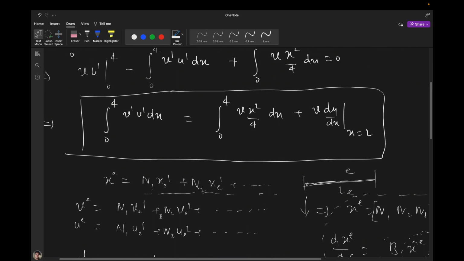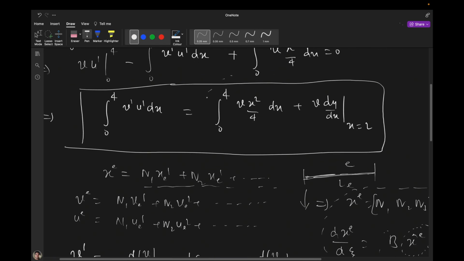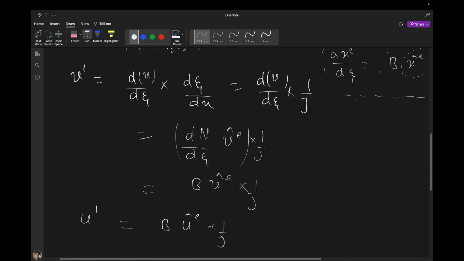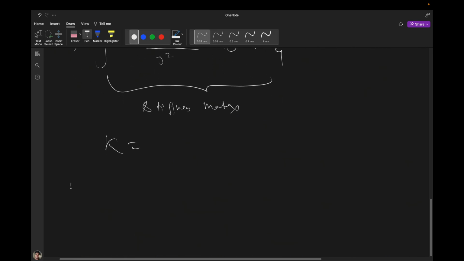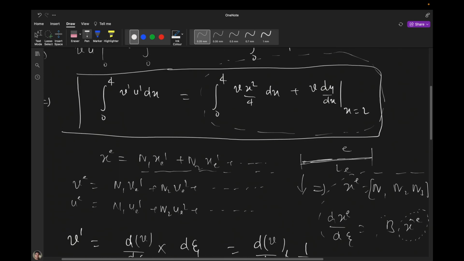So what is the force matrix? This term we need to convert into a force matrix. What is the integration?